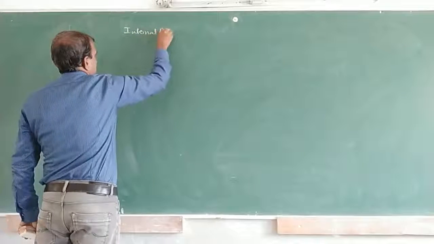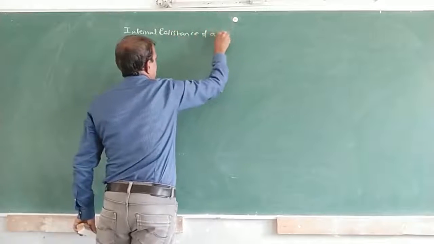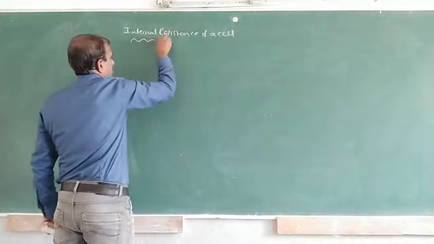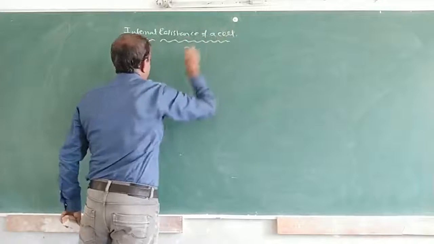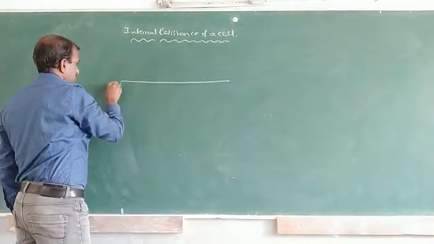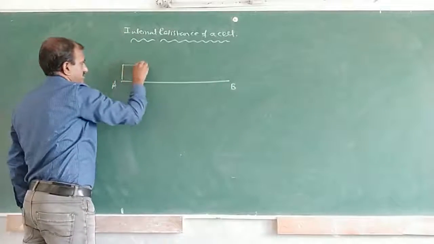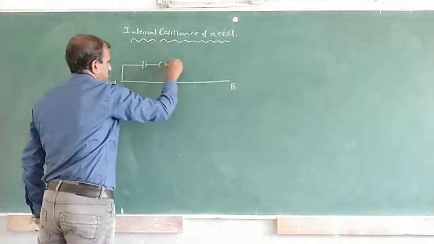Internal resistance of a cell using potentiometer. Let us consider a potentiometer. Suppose this is the wire AB of the potentiometer. This is the driving circuit or the primary circuit.